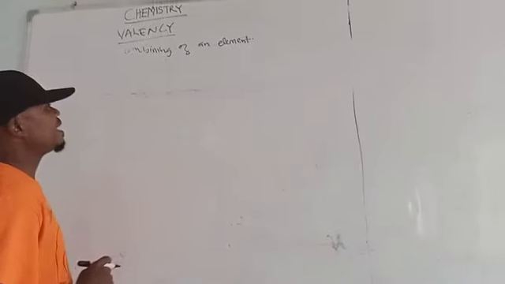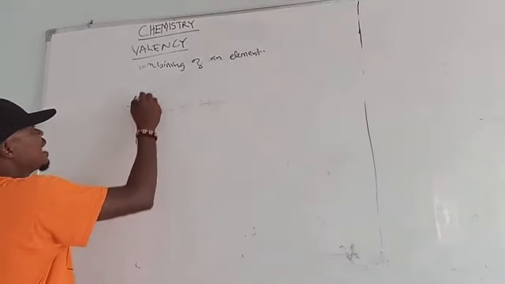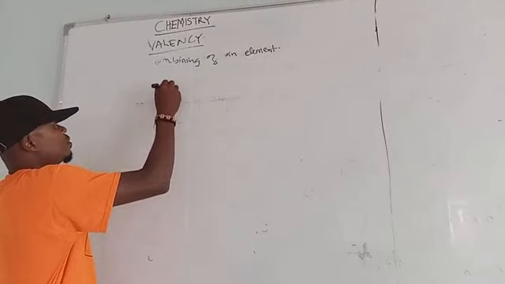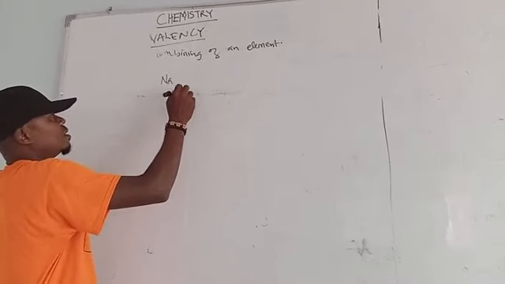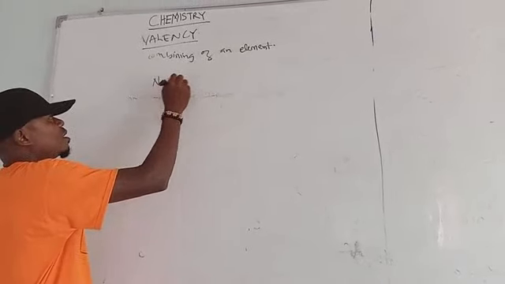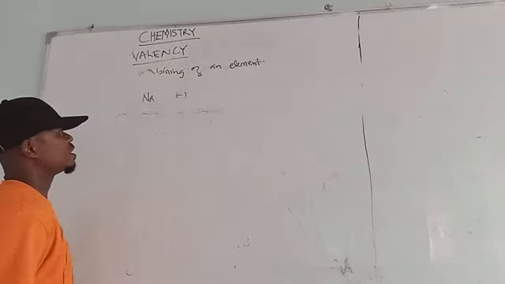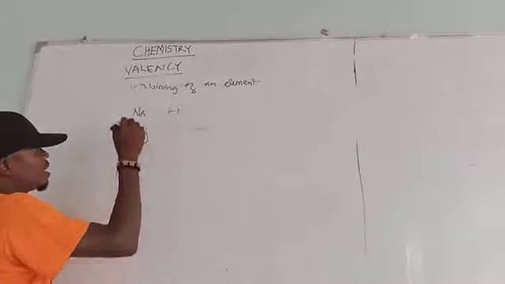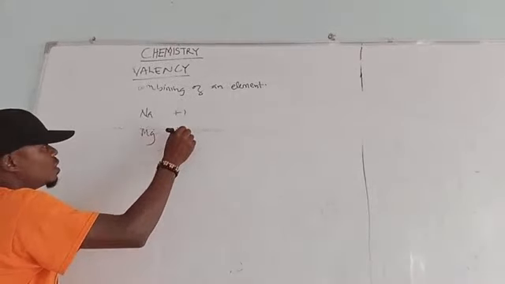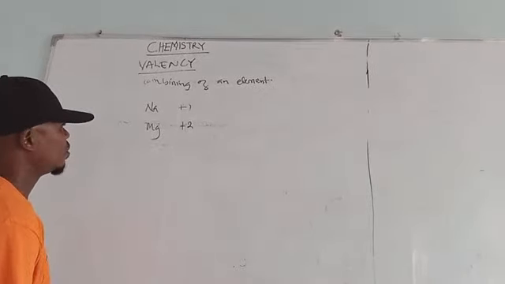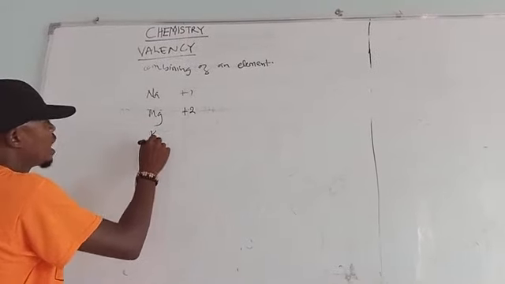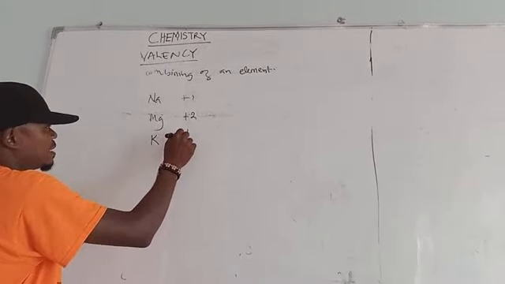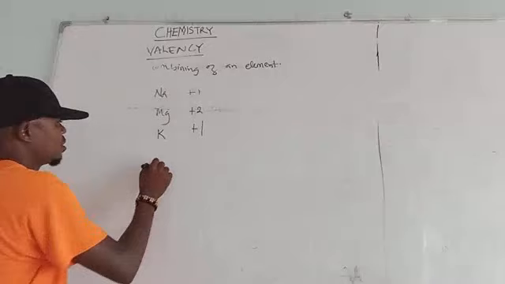Now, the group 1 element, like sodium, has an oxidation state of +1. Magnesium in group 2 has an oxidation state of +2. Potassium in group 1 has an oxidation state of +1.